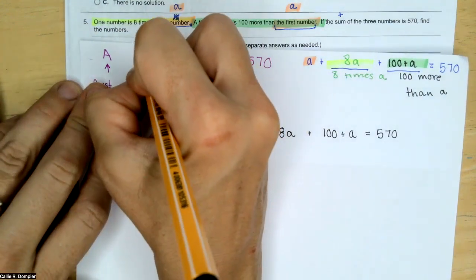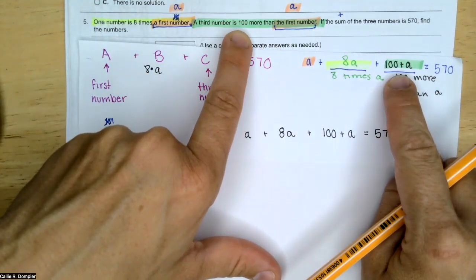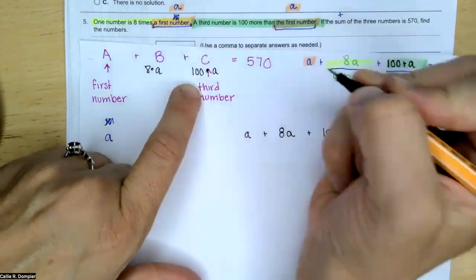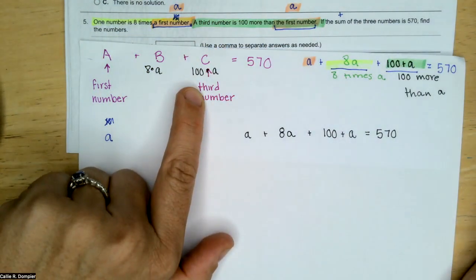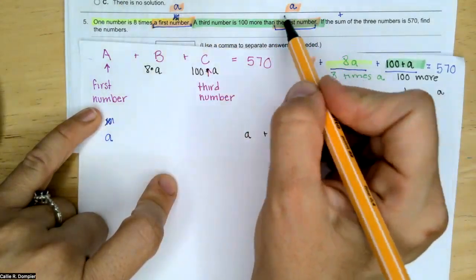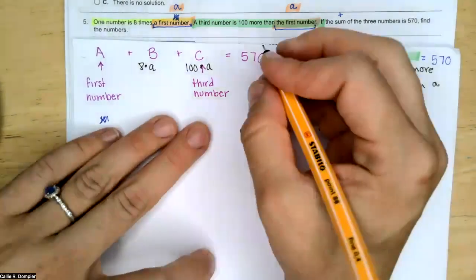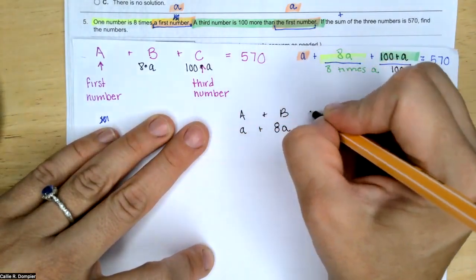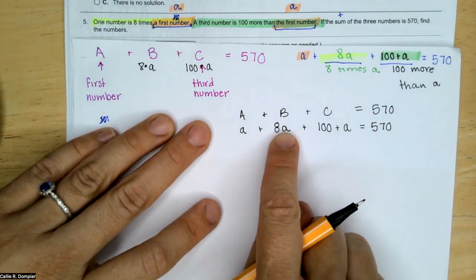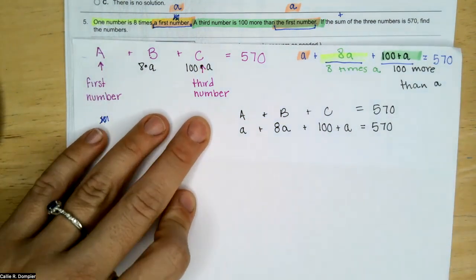So B is 8 times A. C in terms of A was 100 plus A, or A plus 100. So we put them all in terms of the first number, just because that's what they were referencing in the sentences. So what we got was A plus B plus C equals 570 becomes A plus 8A plus 100 plus A equals 570. Now, that was definitely the hardest part.